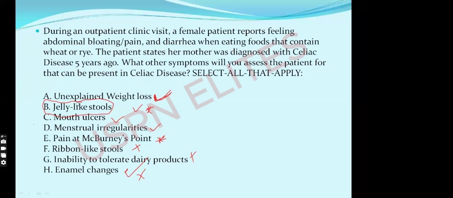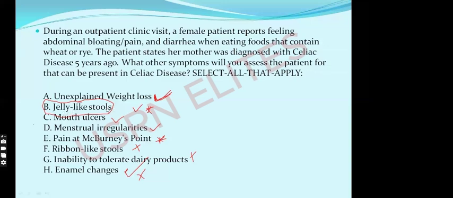Let me talk about why jelly-like stool is not part. Jelly-like stools are found in which conditions? Which condition can you find jelly-like stool? Intussusception. Good. Remember we said steatorrhea, okay, is different from jelly-like stool.